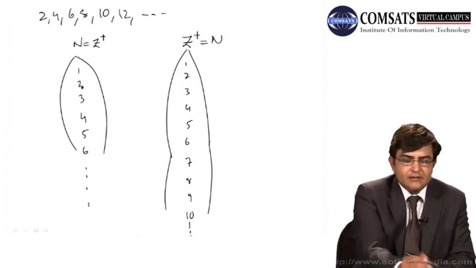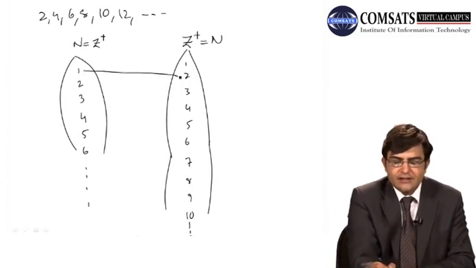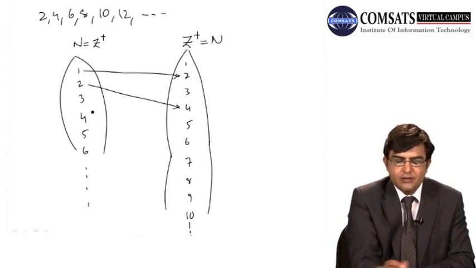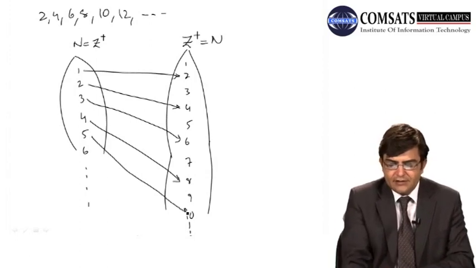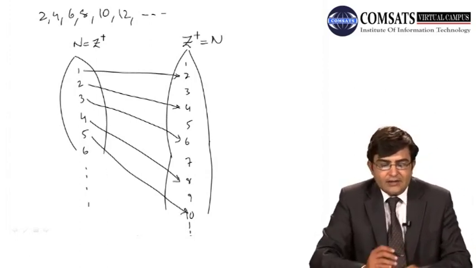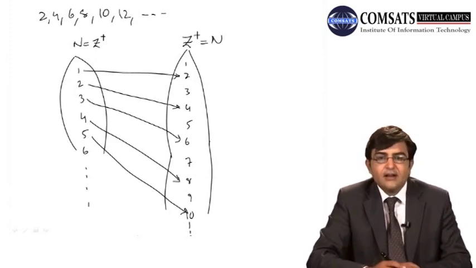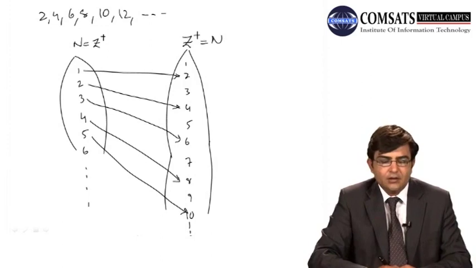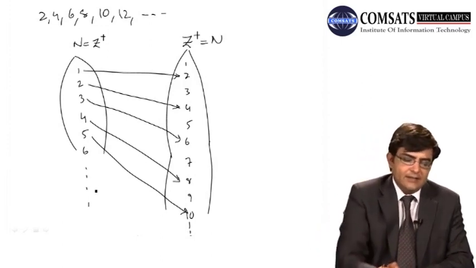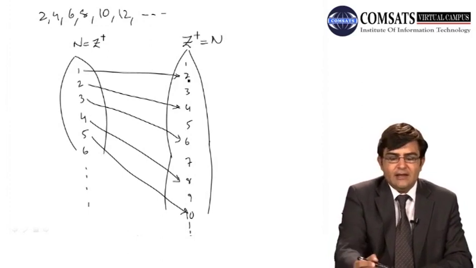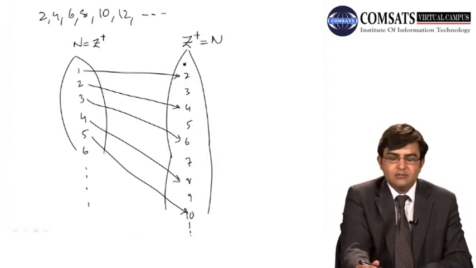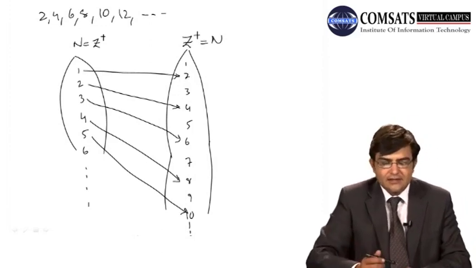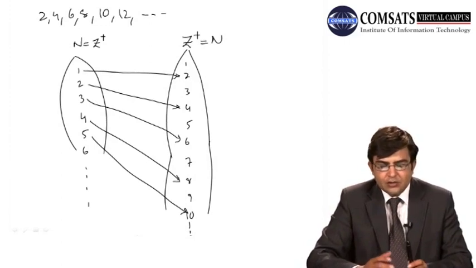You can see that 1 is related to 2, 2 is related to 4, 3 is related to 6, 4 is related to 8, 5 is related to 10 and so on. This arrow diagram satisfies all the properties of a function, because each element of X is connected to exactly one element of the second set. So this satisfies the definition of a function.